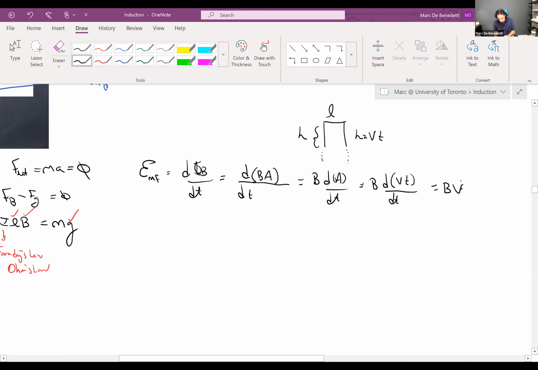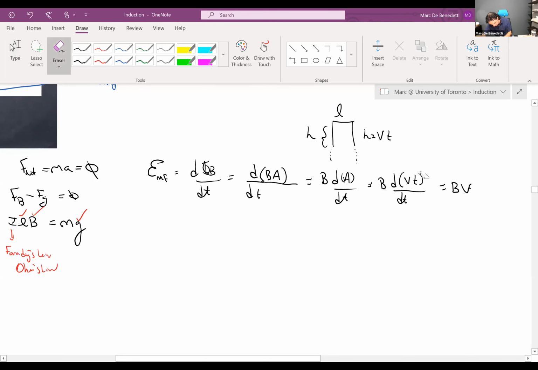Now here, sorry, I missed a variable. I totally missed a variable. This is height, but I was missing length. There we go. Sorry, I was missing a variable there. I got overexcited. So yeah, the derivative of area with respect to time.